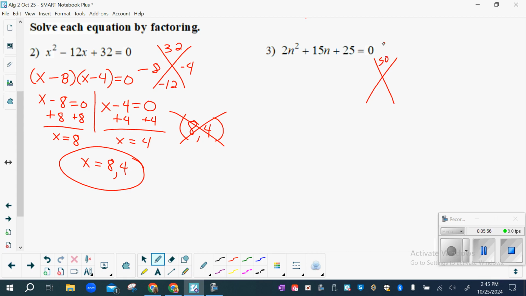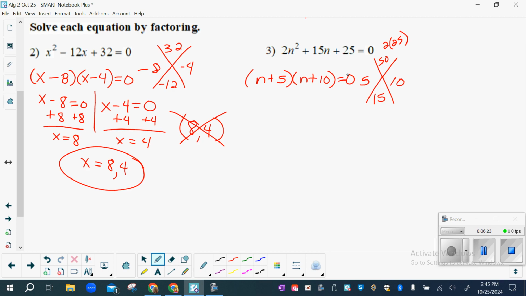Good. So he remembered that since there is a coefficient in front of the n squared, that 2, he's going to multiply it by the 25 to get 50. So what multiplies to 50 that adds to 15? 5 and 10. So we have n plus 5 times n plus 10.